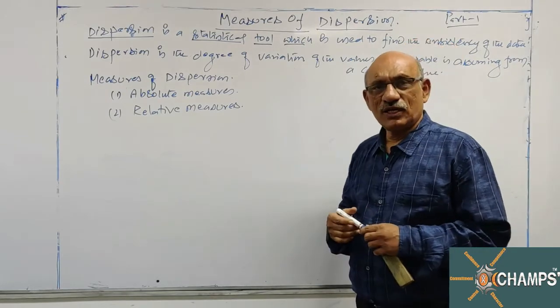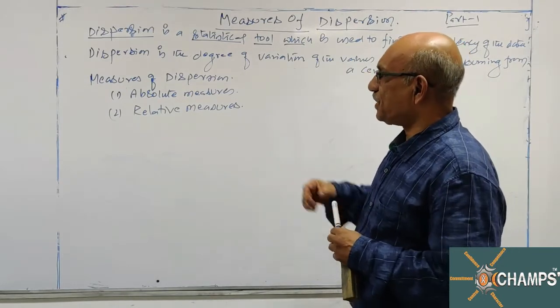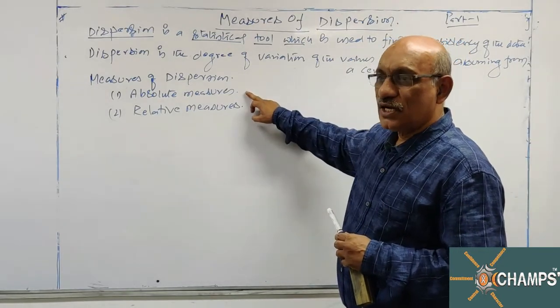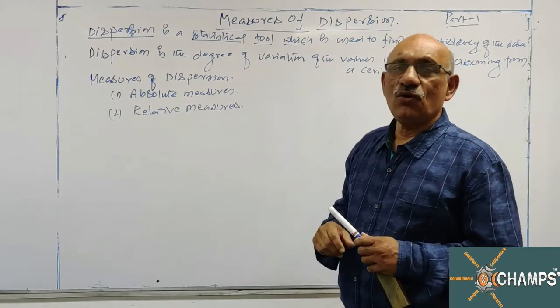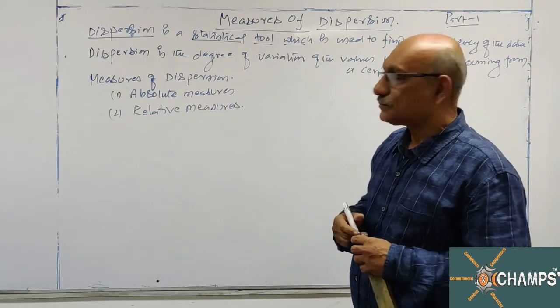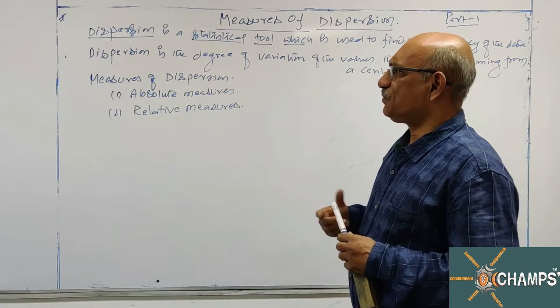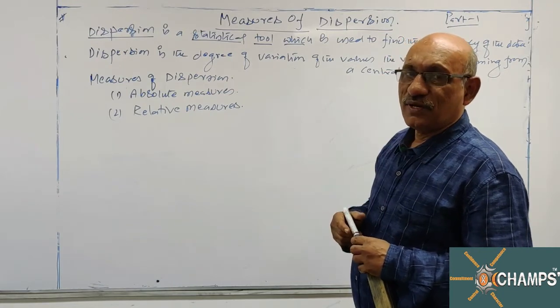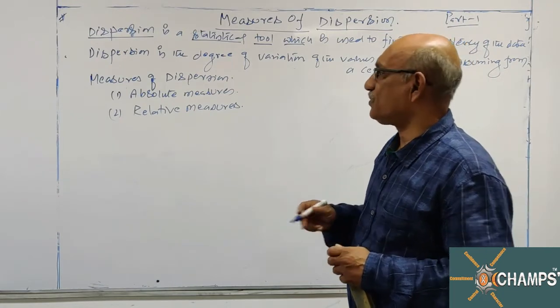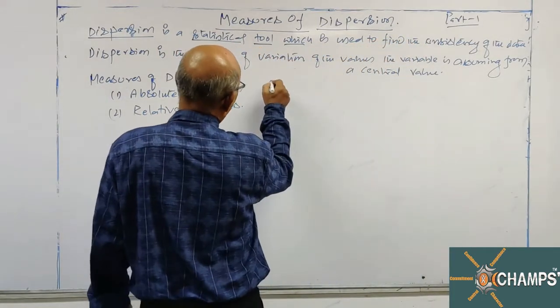The measures of dispersion which are expressed in terms of original units of data is known as an absolute measure. Look at this.